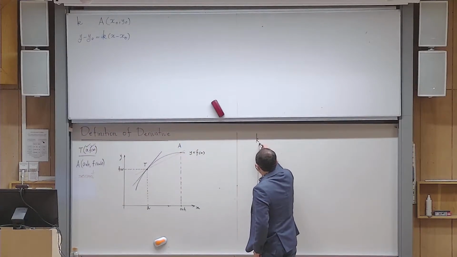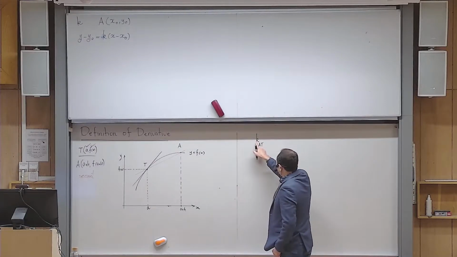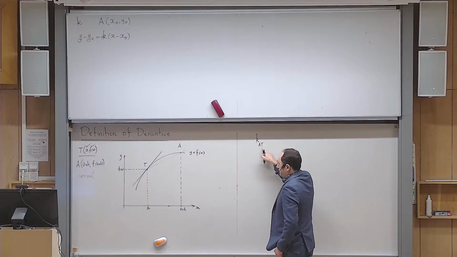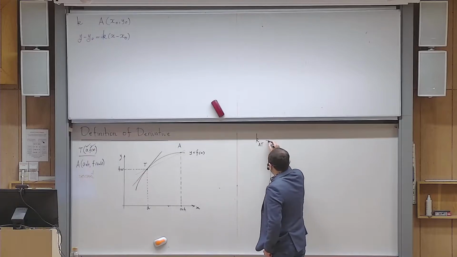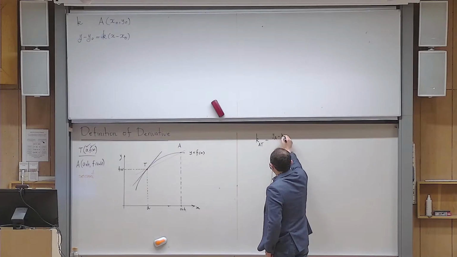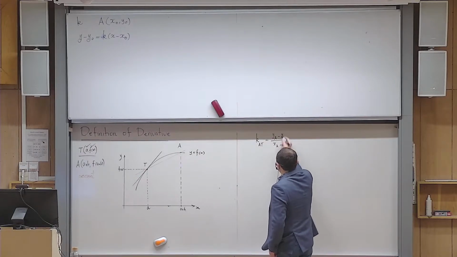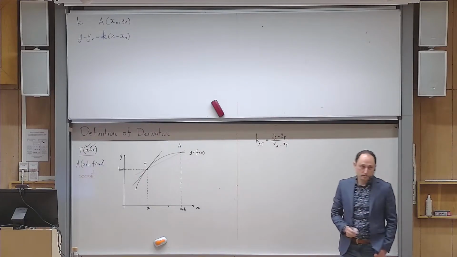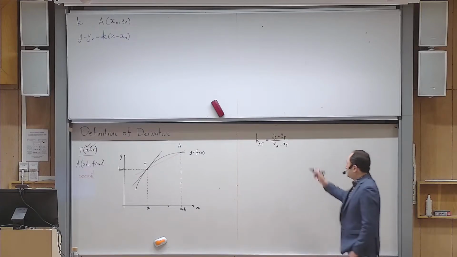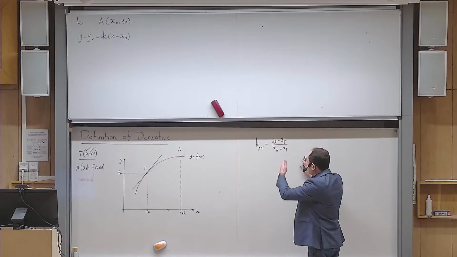So let me write this symbol, meaning the k value of the line passing through A and T. So we know the formula. So this is delta y of A minus y of t divided by x of A minus x of t. Do you remember delta y over delta x? Okay, so now let us put the values that I have here in this formula.